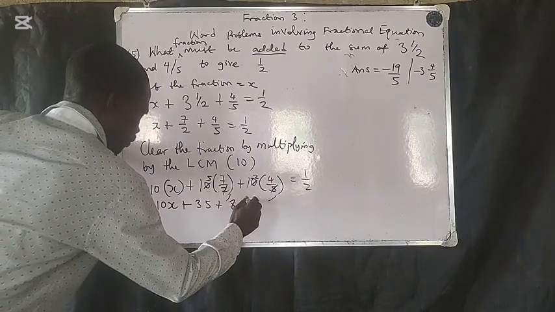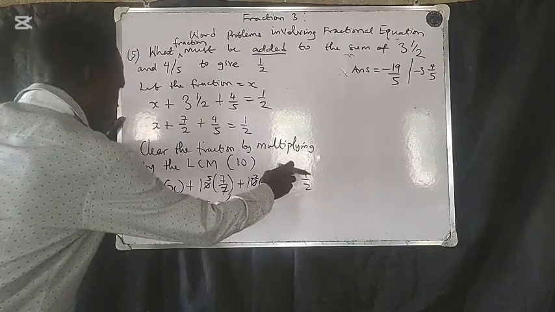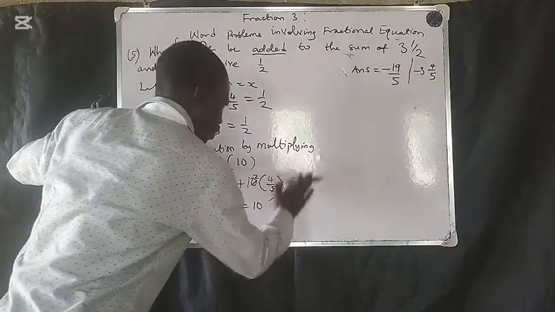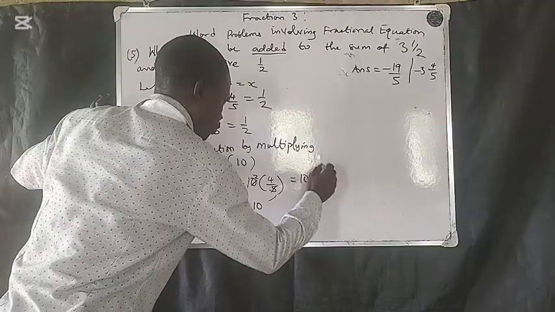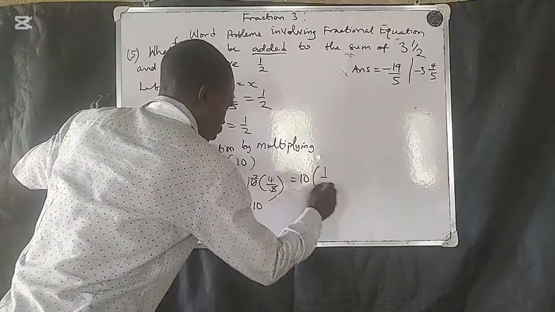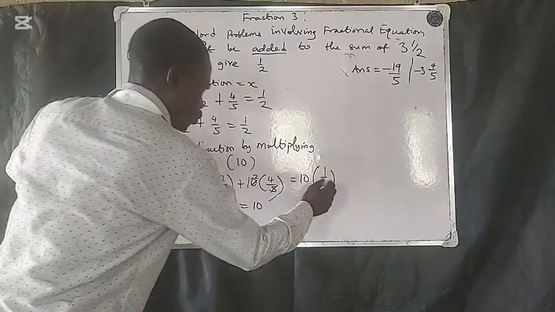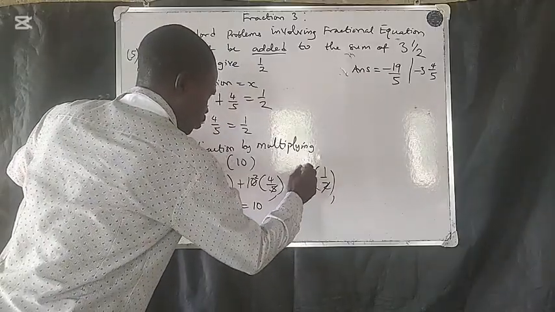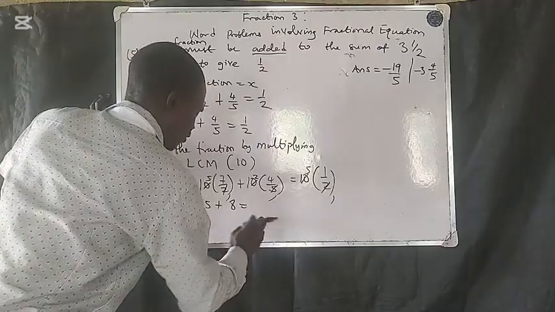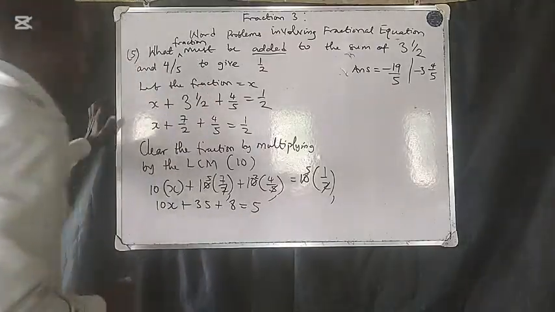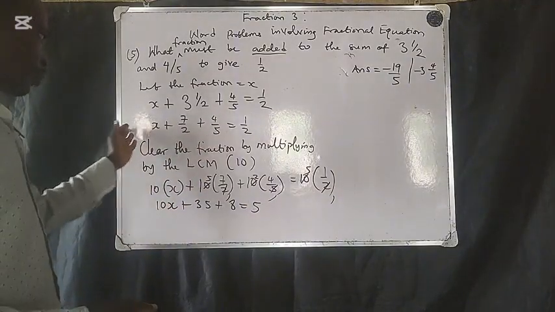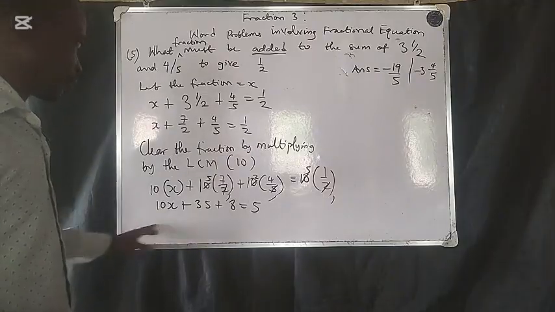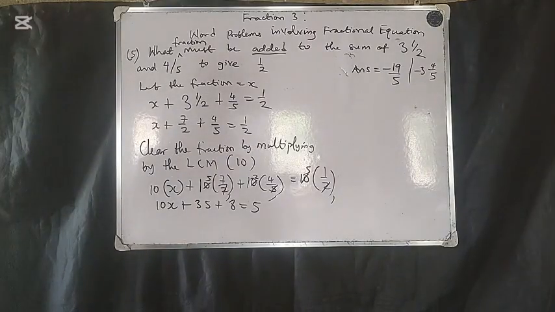Then I forgot to multiply this one by 10, so everything we multiply by 10: 10 times 1 over 2, 2 goes into 10 five times, so we have 5 here. Not only the right side of the equation; both on the left and right, we multiply by the LCM.